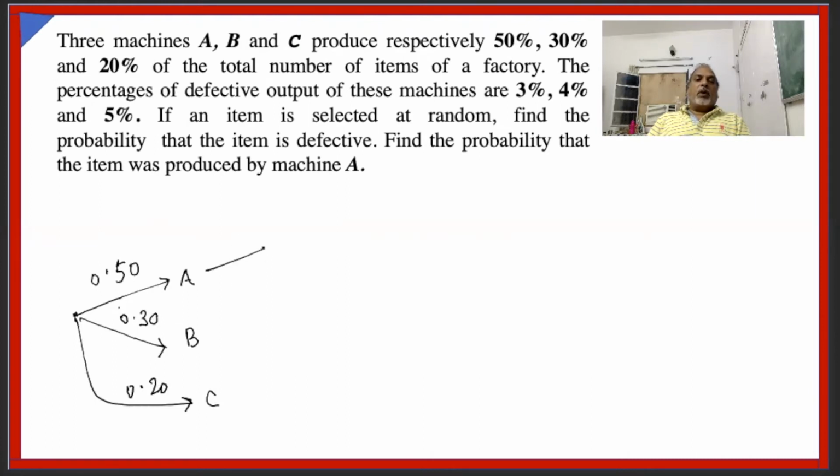Now A is producing, of course, 3% defective items and other items are non-defective. Likewise, B is producing 4% defective items and other items non-defective. Likewise, C is producing 5% defective items and others are non-defective.